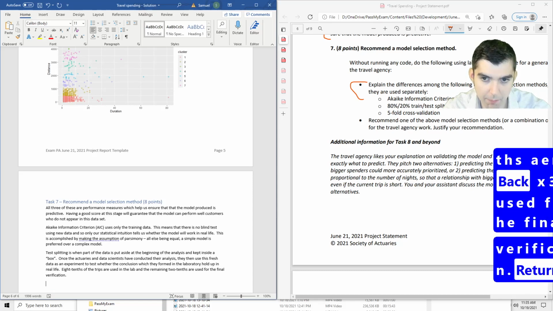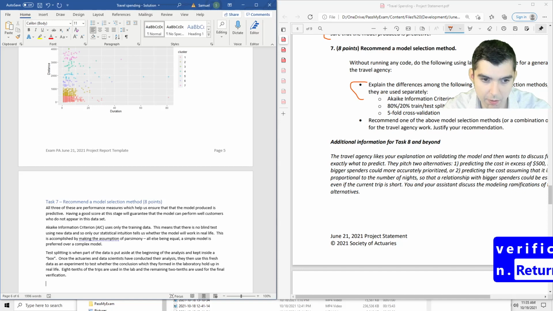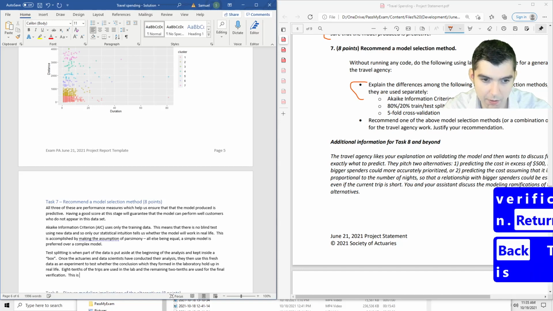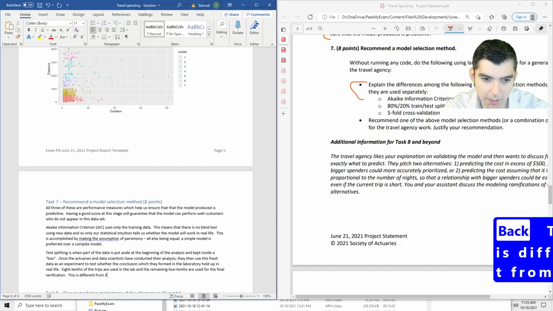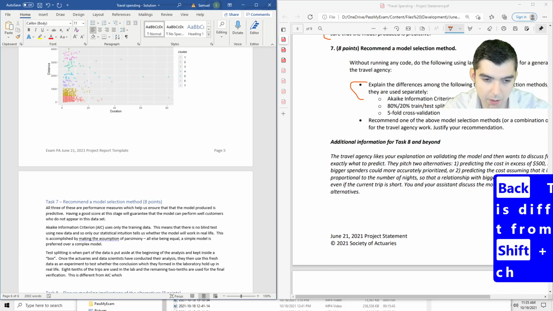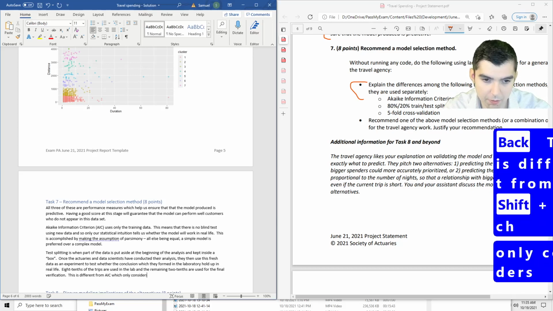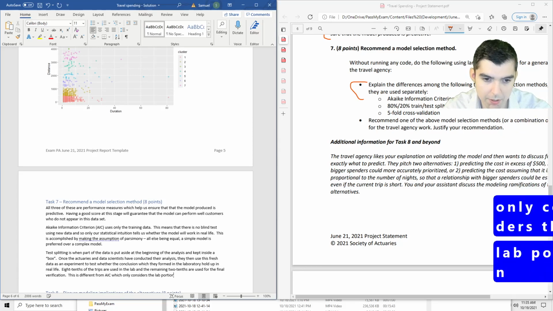And this is different from AIC, which only considers the lab portion of the data.